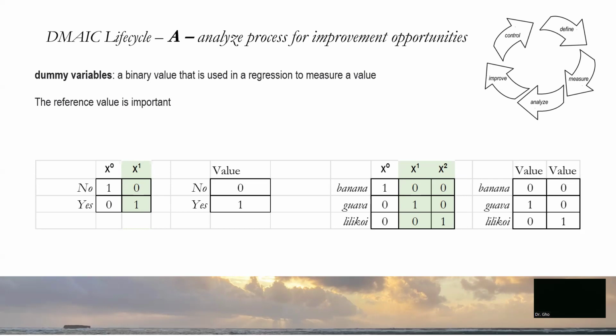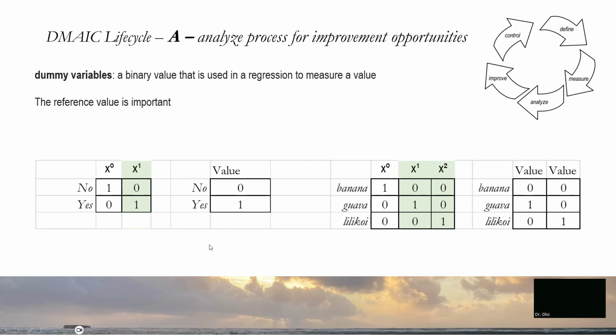When you run your regression, you'll get a coefficient based on the presence or absence of something. For example, if you have yes or no, or male or female, you set one as a value of 0 and the other as a value of 1. So the absence of the yes is going to be a no. That way you can run a regression and fit a line through this.